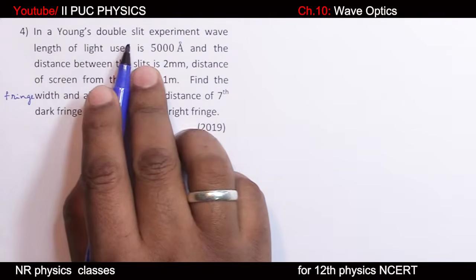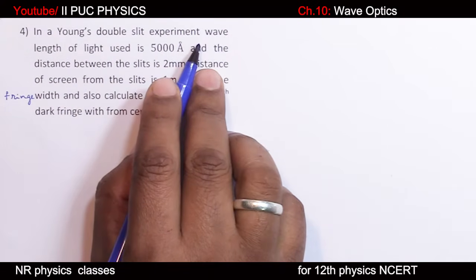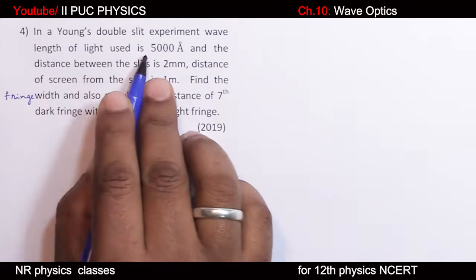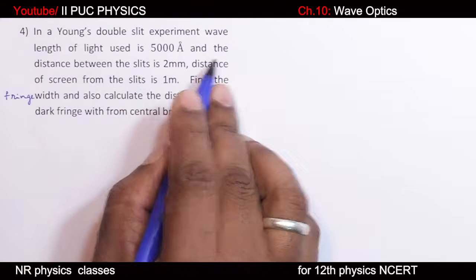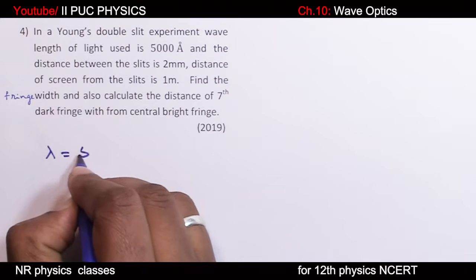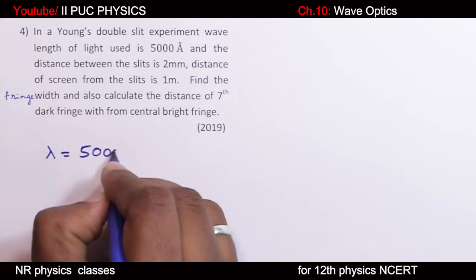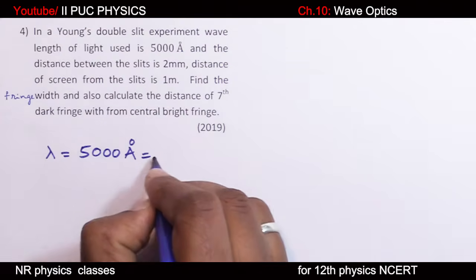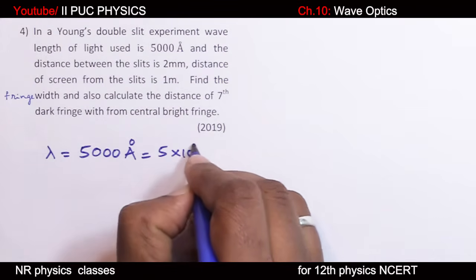In Young's double slit experiment, light of wavelength 5000 angstrom, so lambda equal to 5000 angstrom, which is equivalent to 5 into 10 power minus 7 meter.